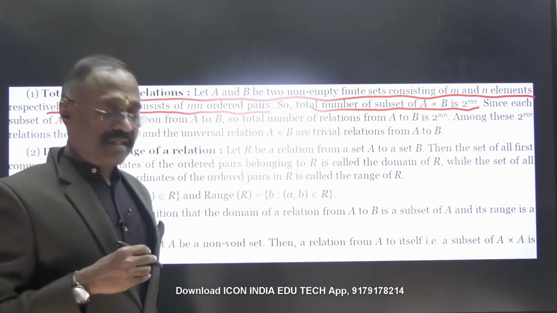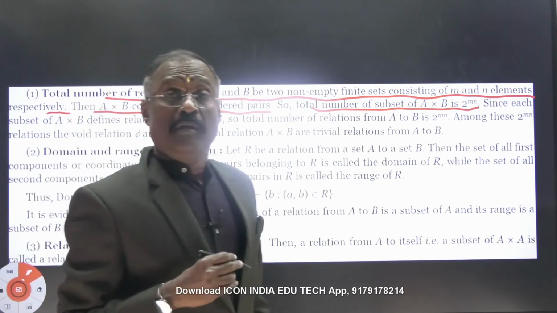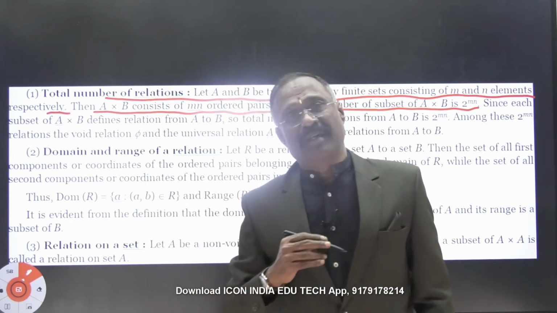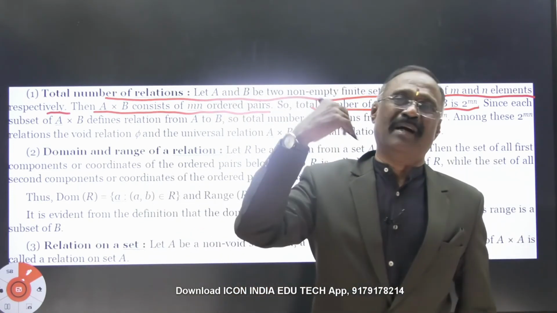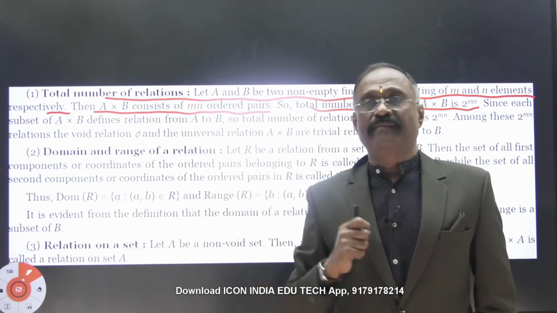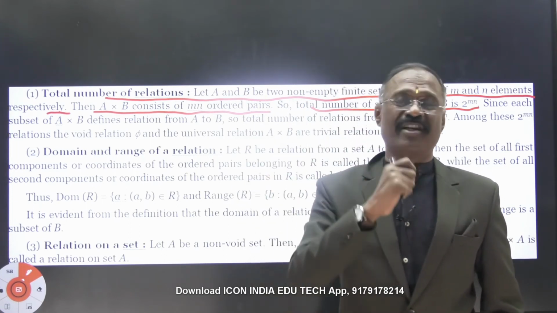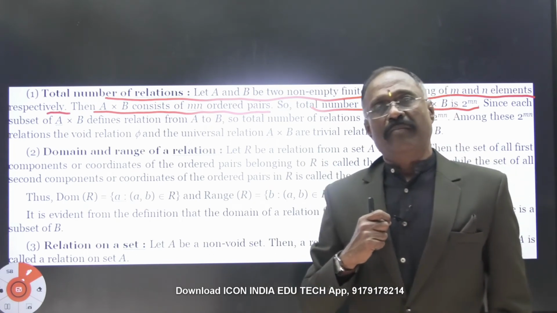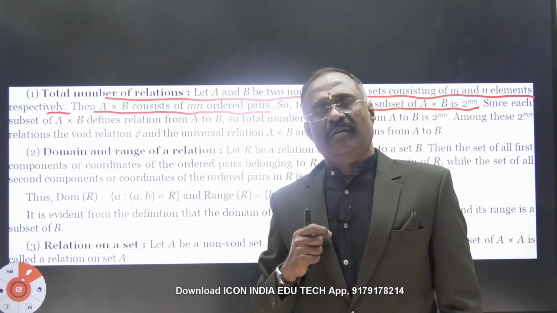2 power mn. In set theory, we have seen the power set, the number of elements of the power set is 2 power n. That is, if you have a set {1, 2, 3}, how many subsets will be formed from it?